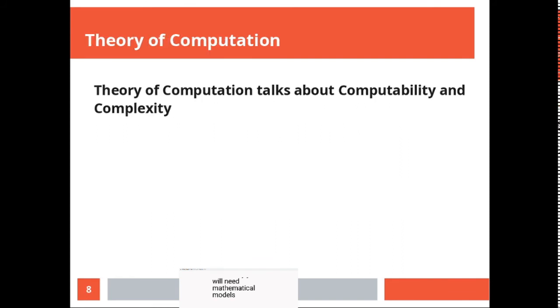In this paper, the theory of computation paper, I will be talking about the computability and complexity of a machine. Computability means what languages it can accept and what languages it cannot accept, and then their complexity. This is what this paper is going to be about.